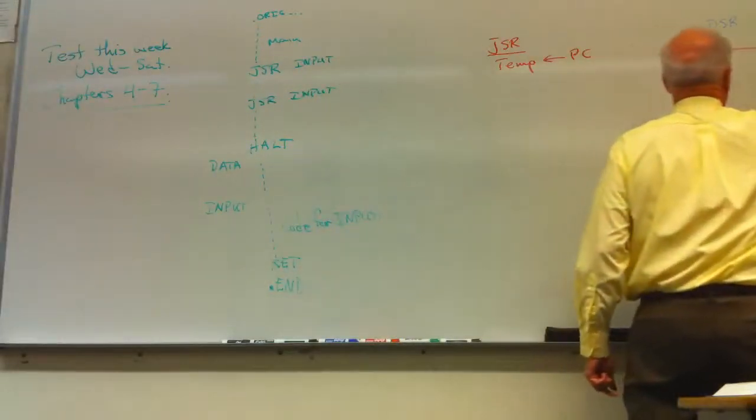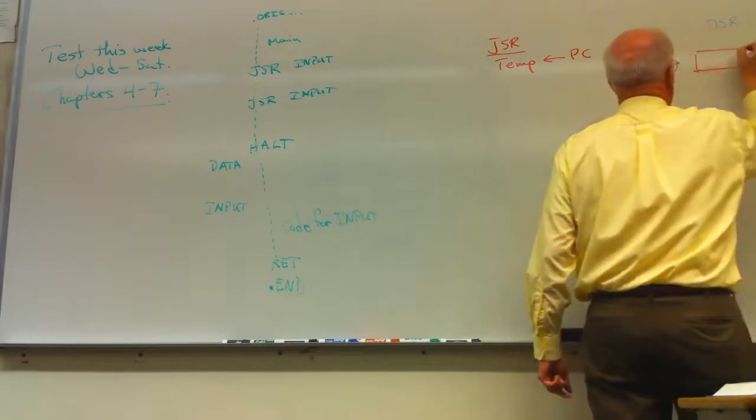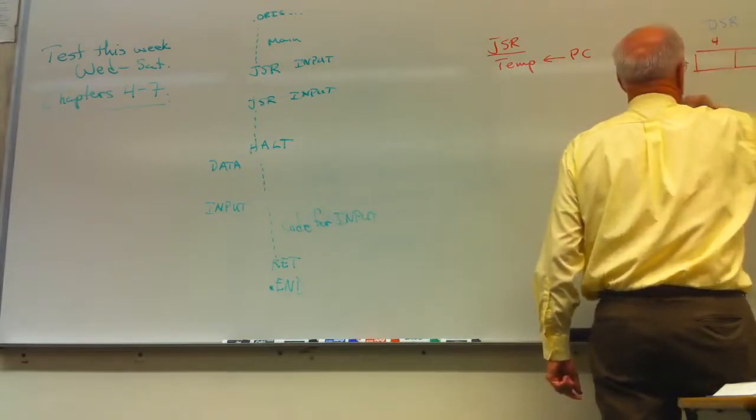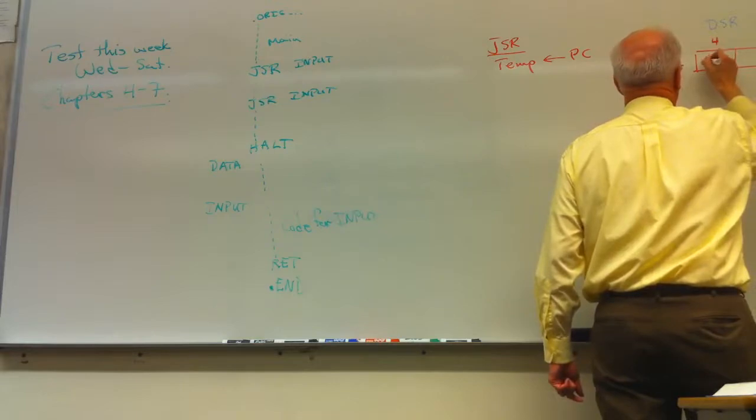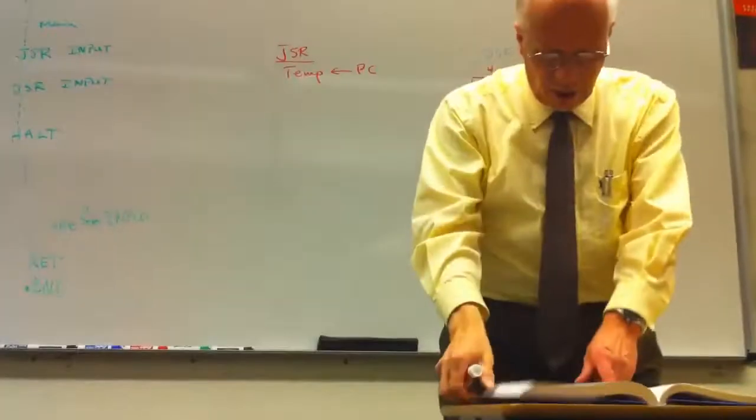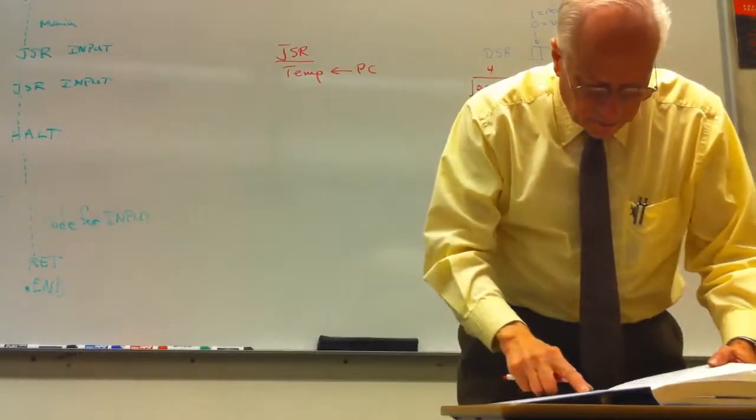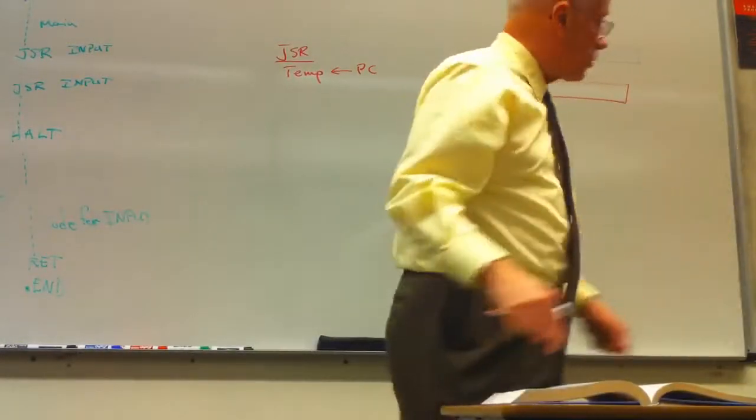Now the JSR itself, let's see, we've got 4 bits for the opcode, which is 0100.